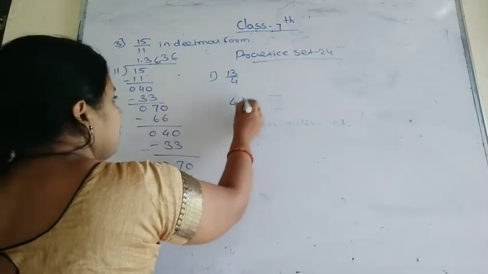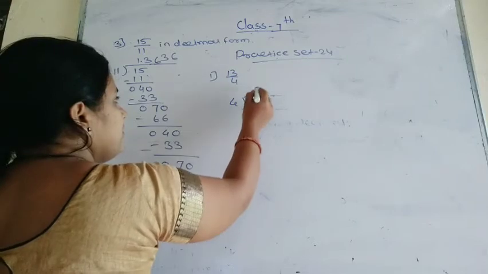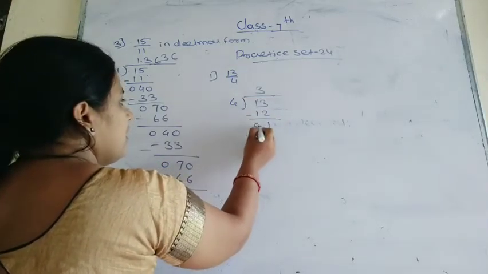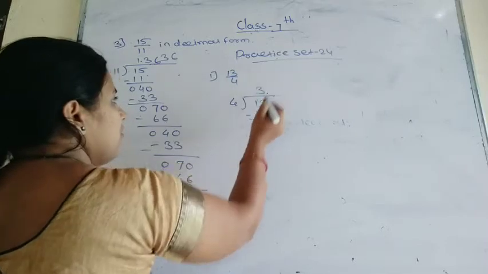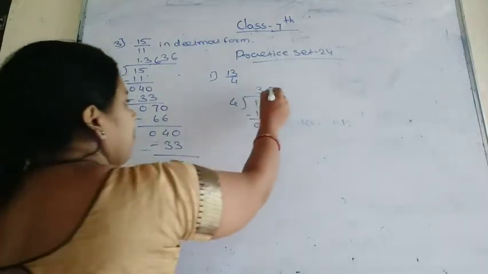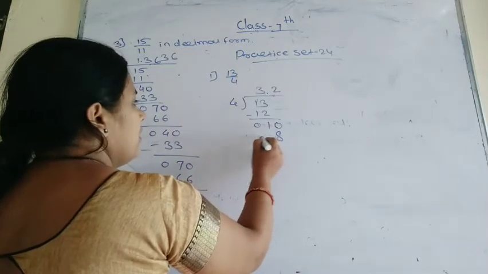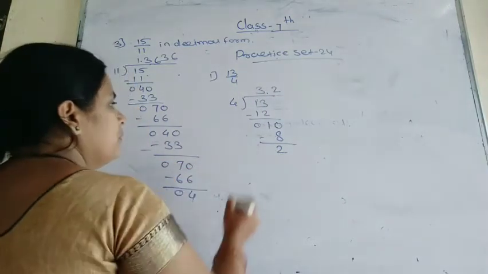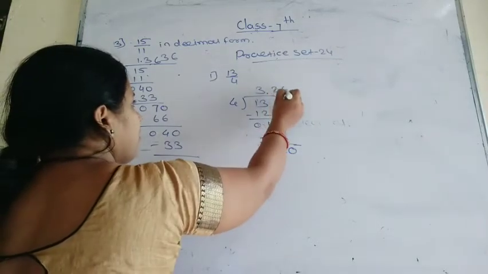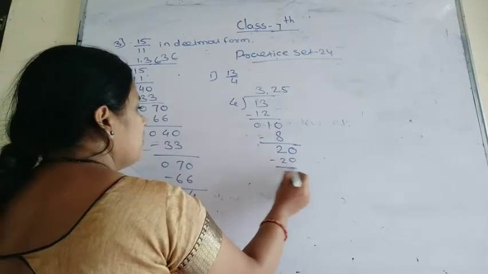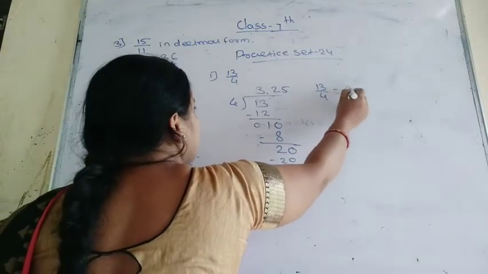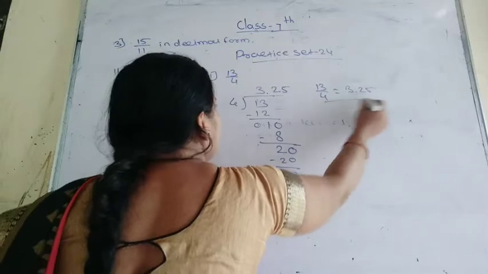Then you solve: 4 3s are 12. Then write 1 here. Then you write a decimal point and take one 0. Then 4 2s are 8. 10 minus 8, 2. Then you write again one 0. Then 4 5s are 20. Answer is 13 by 4 is equal to 3.25.